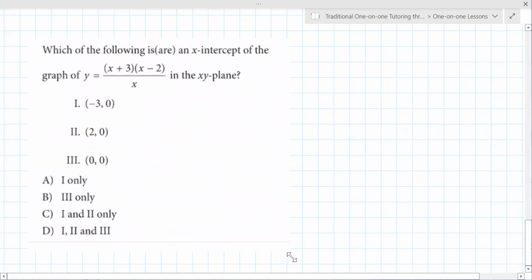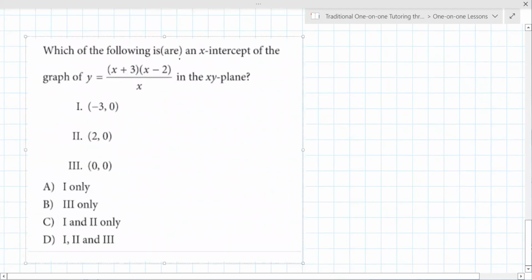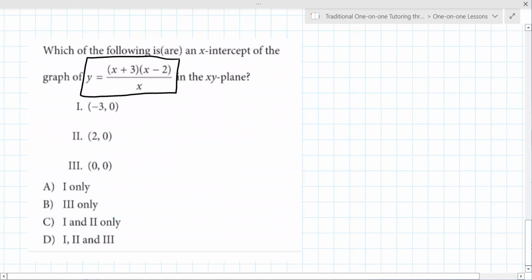All right, so when you look at this question, when you look at the part that I'm boxing in, I want you to tell me in your own words what is different about that compared to some of the other problems we've been looking at tonight. What do you see that's different about this one?